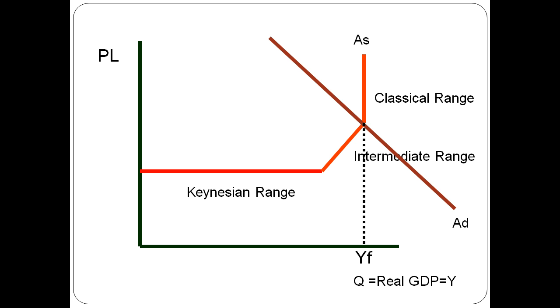And right below aggregate supply there, you are at full employment output, or YF. So once again, this new Keynesian model, you might see it on the AP test, but generally we're going to use the new classical model in this class.